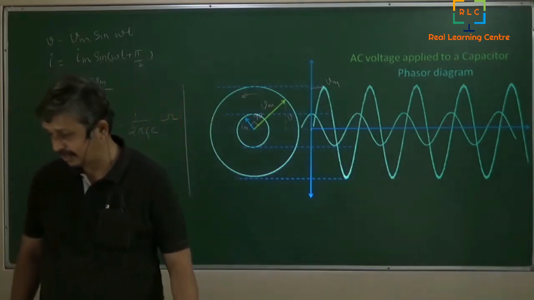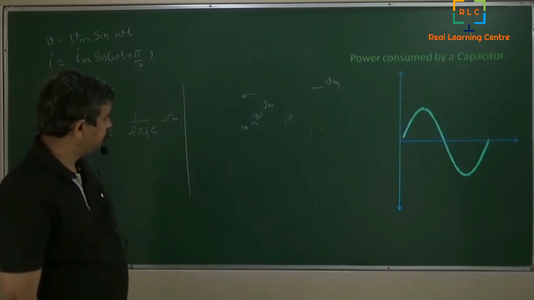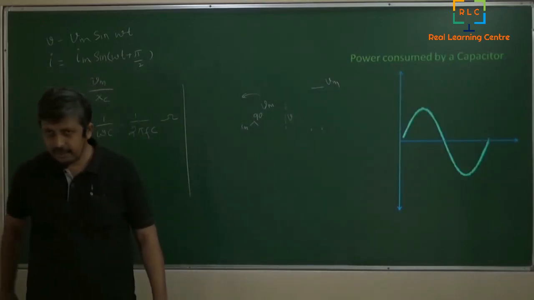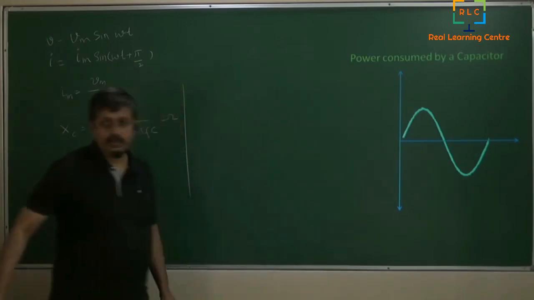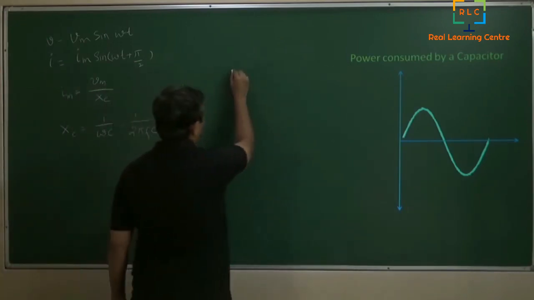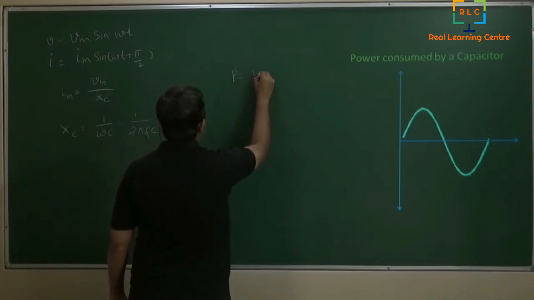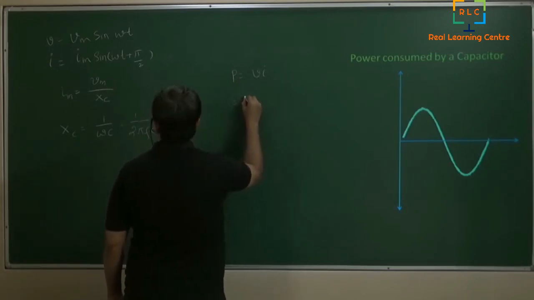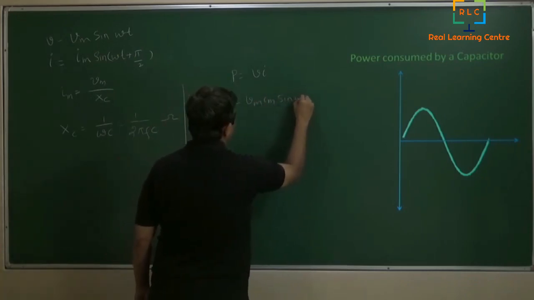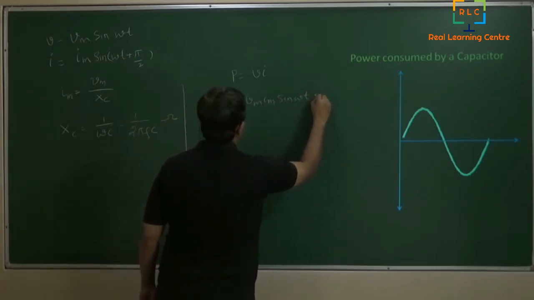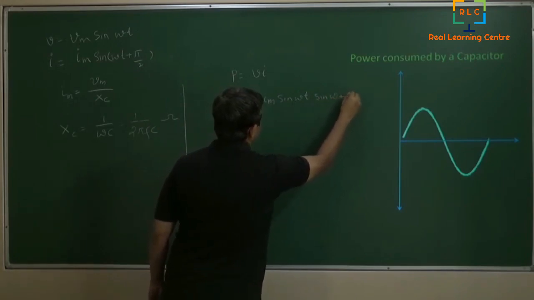Okay, what is the power analysis? If you look at it, power is V into I as usual. So we're going to write down here power is equal to V into I, meaning Vm Im into sin omega t into sin(omega t plus pi by 2).